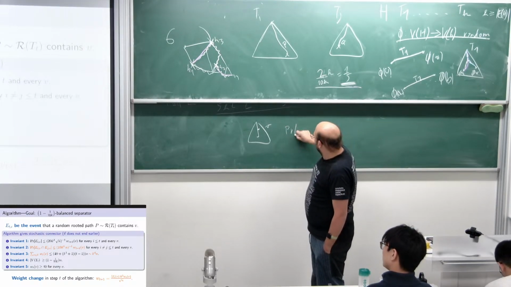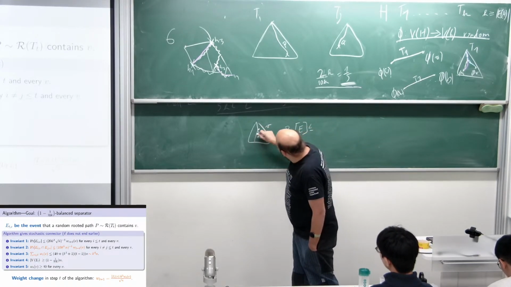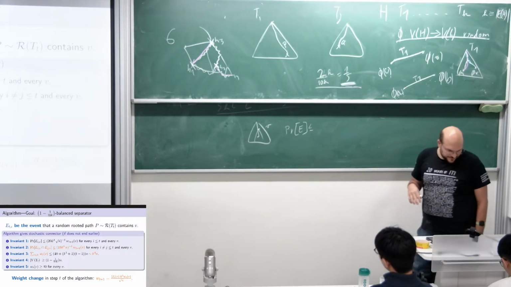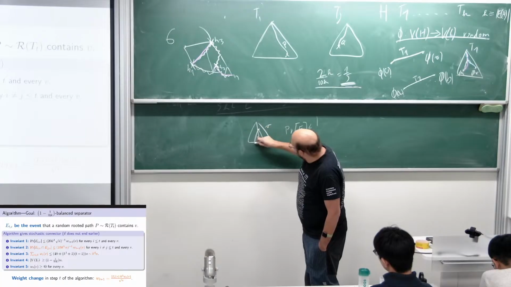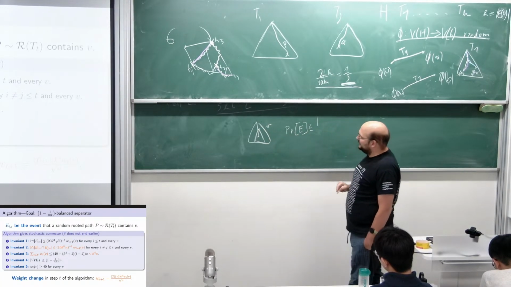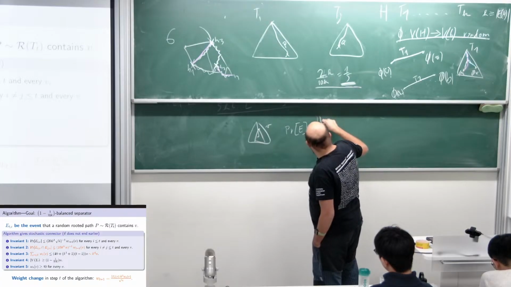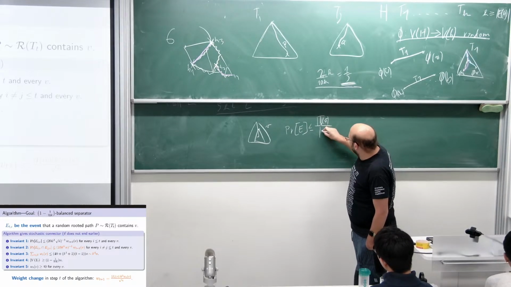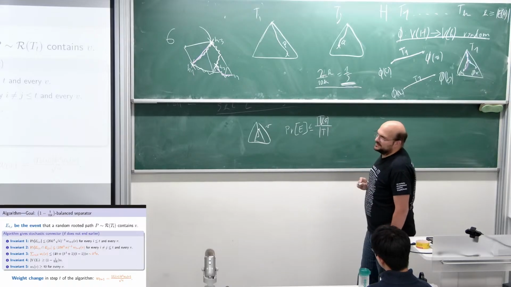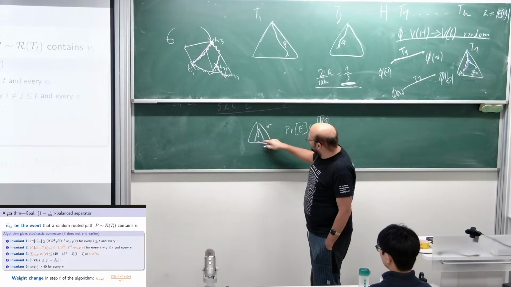The probability of this event is at most the proportion of the tree below v, so the size of the tree below v divided by the size of T, the number of vertices in T. Because that's the probability that we will hit v, right?